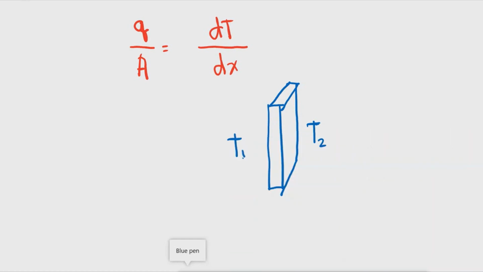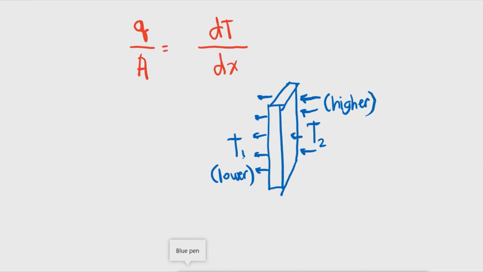So if T2 is higher, let's just assume that this one is higher and this one is lower. In this case, the heat will travel from this area here going to that side.